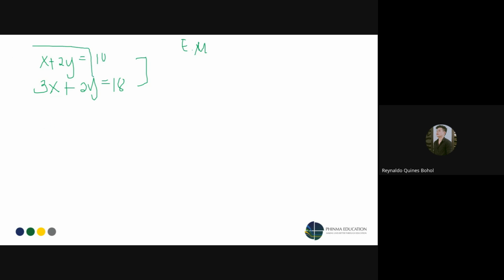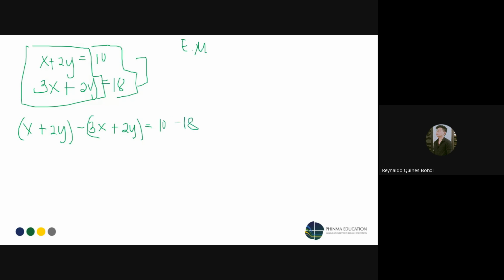So, variable to variable, then constant to constant. So, magiging x plus 2y minus 3x plus 2y equals 10 minus 18. Yung negative na yan, i-distribute natin.